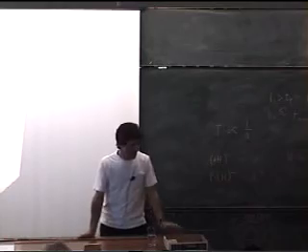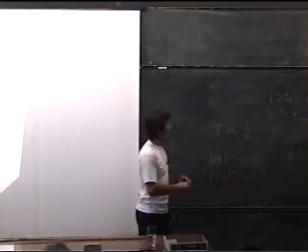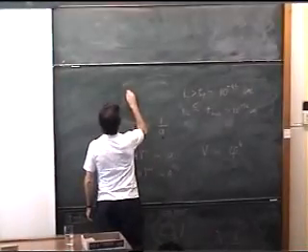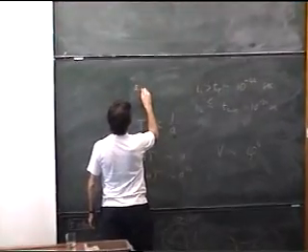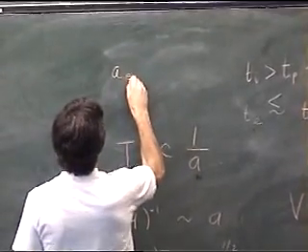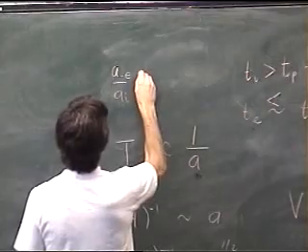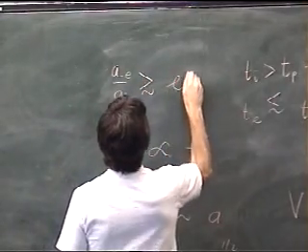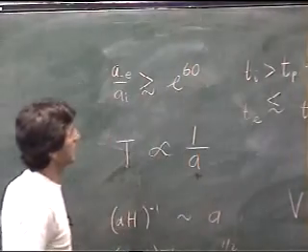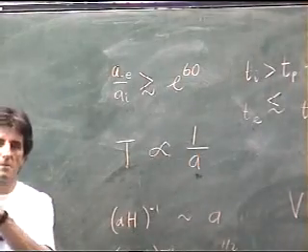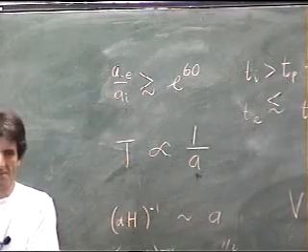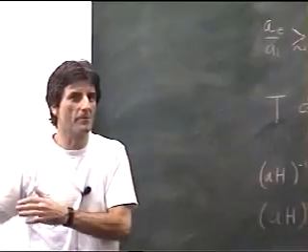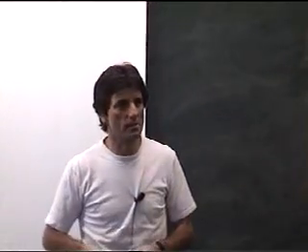How many e-folds are these? Right, so we need the end of inflation scale factor over the beginning of inflation scale factor to be greater than about e to the 60 in order to solve the horizon and flatness problems. Something I would have done if I had time, but I'll put it in the exercises.